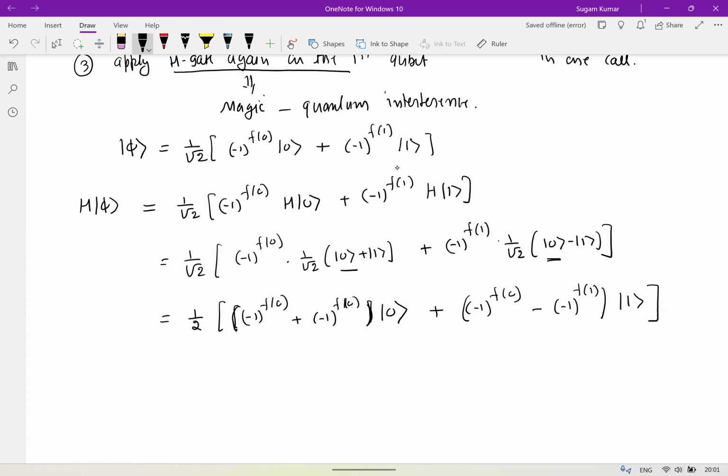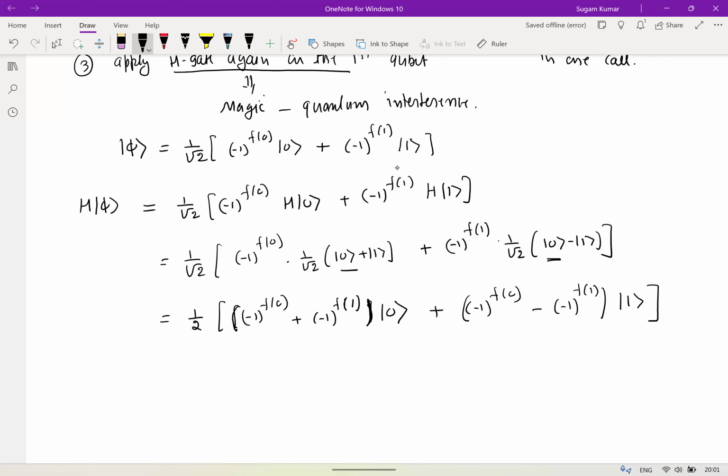In the second term, minus 1 to the power f1 should be there. Yes, here it will be 1. Thank you.